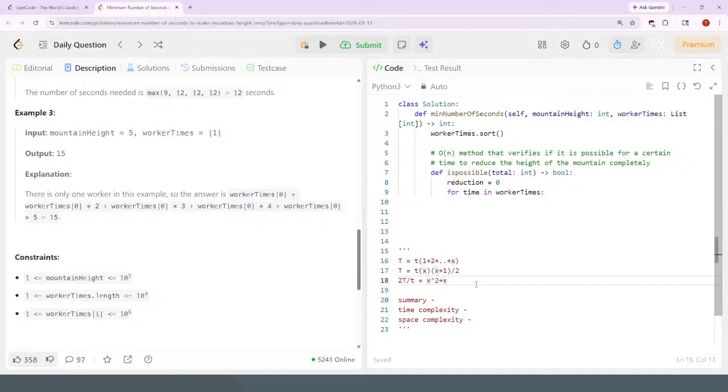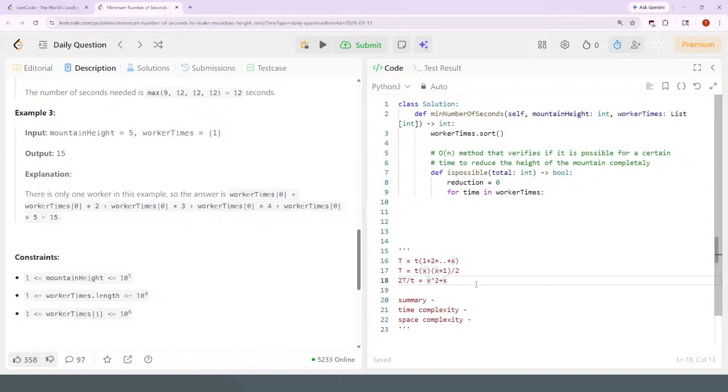Just approximate it as x squared. That's so bad. I don't have a precise value.